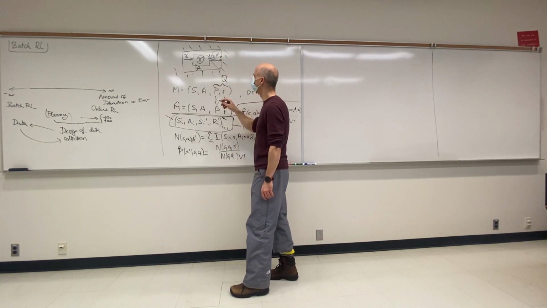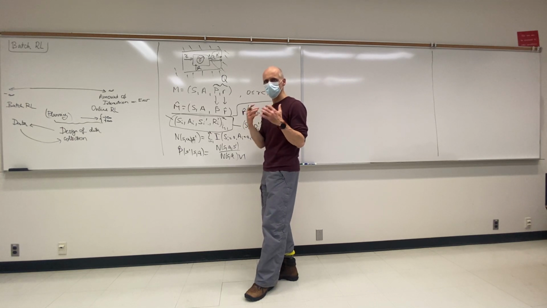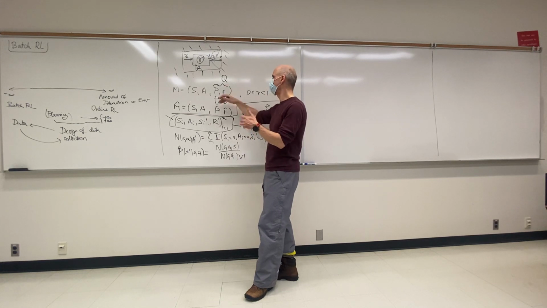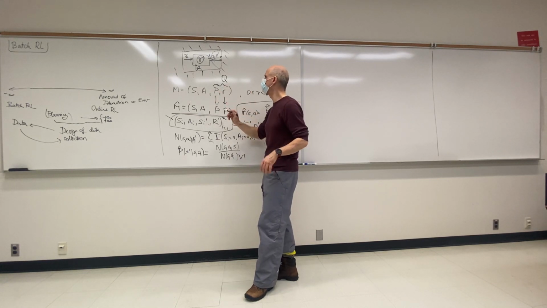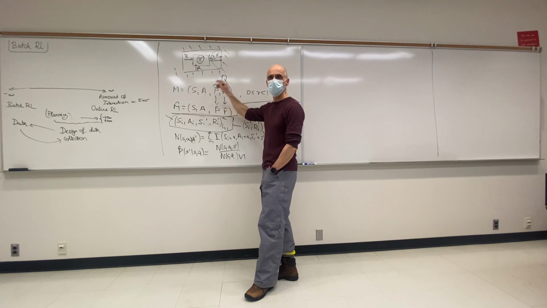I think that the answer to this question is that the nicest Markov model, one that generalizes Rich's version as well, and of course this silly one that I'm using here, is when you have a kernel that maps state-action pairs to next state-reward pairs.